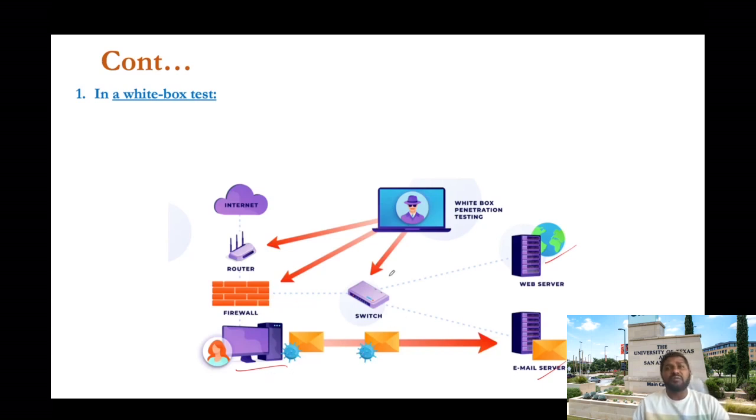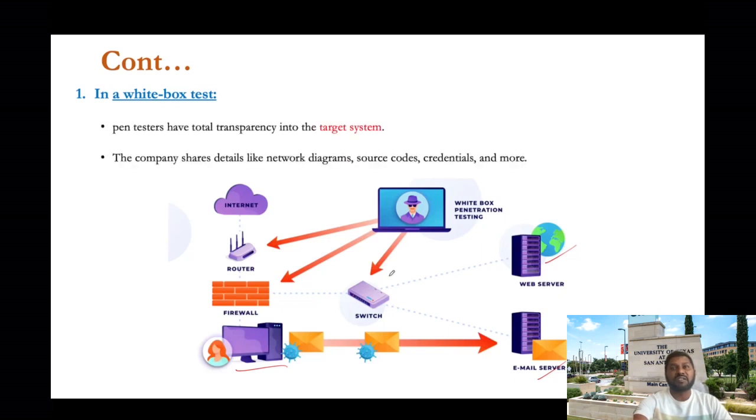Other names for white box testing include internal penetration testing or glass box testing. The names indicate that this audit aims to study the entire system in depth, so the comprehensive analysis is rather expansive.